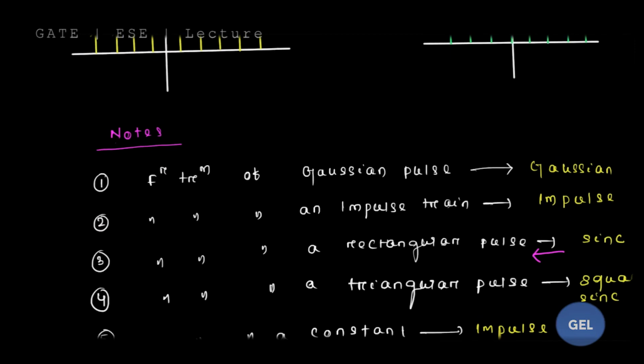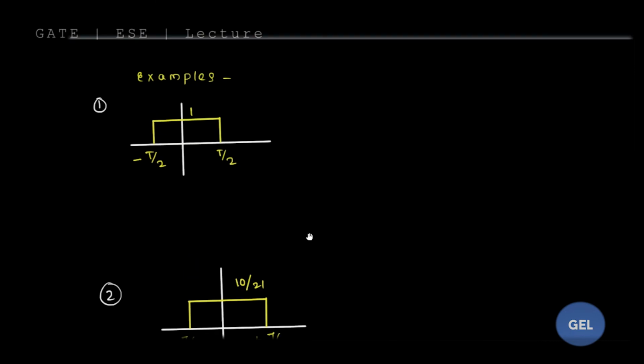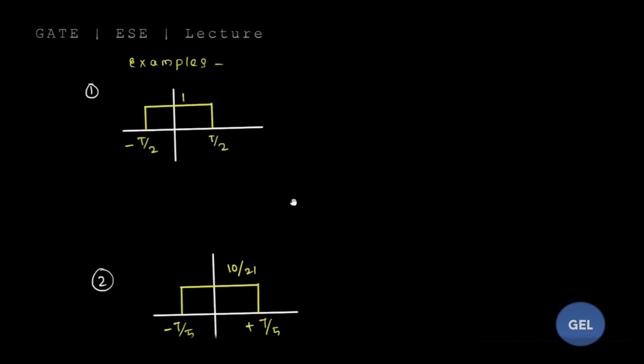Now moving on to the next slide, here we are going to discuss a couple of examples. The first example is to find out the Fourier transform of this. Okay, now let's find out the Fourier transform of this thing. The formula is area into Sinc.